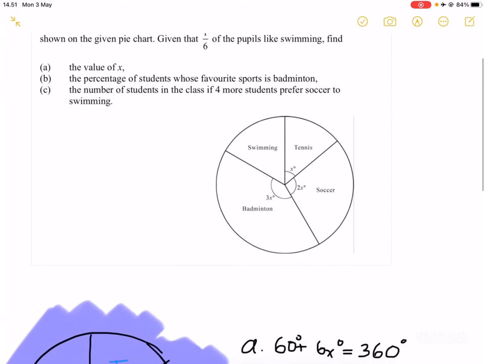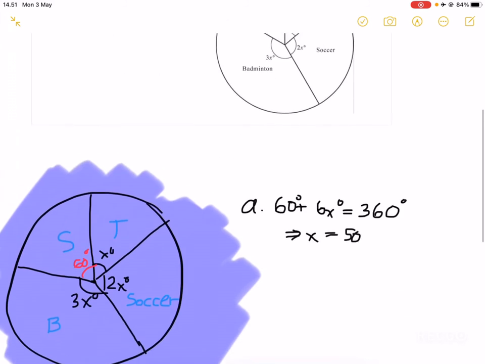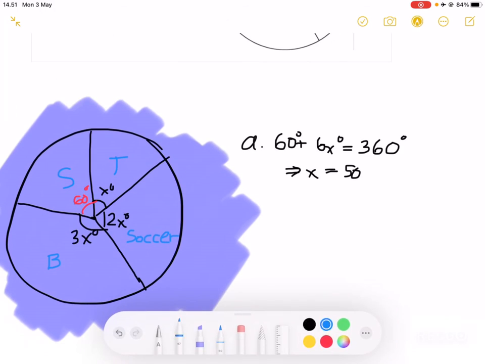We need to find the percentage of students whose favorite sport is badminton. Now the angle right here will be equal to 3 times 50, which is 150 degrees. Now 150 degrees in this pie chart is actually equal to 150 degrees divided by 360 degrees and then multiplied by 100%.